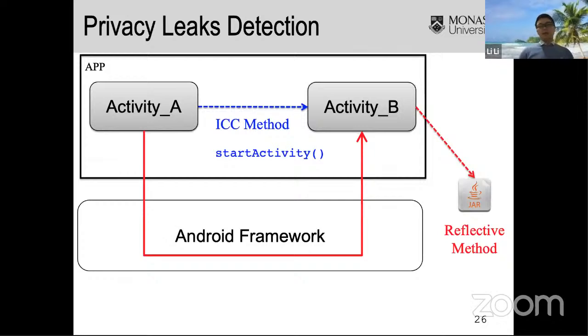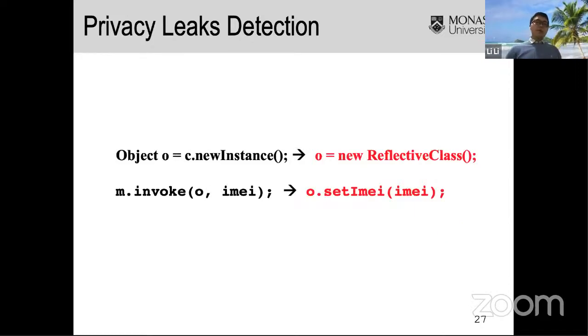So there is another feature called Java reflection, which can be used to access some code outside of the Android boundary as well. So it's like some external code. And Java reflection is a very basic feature.